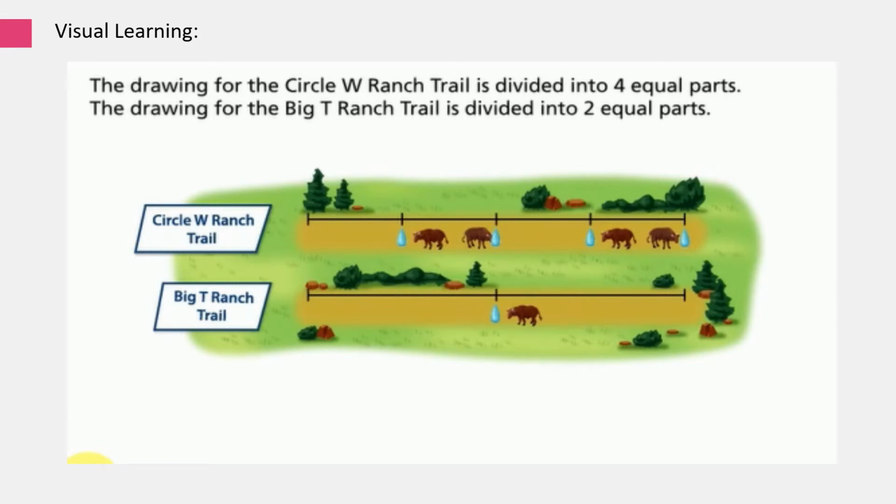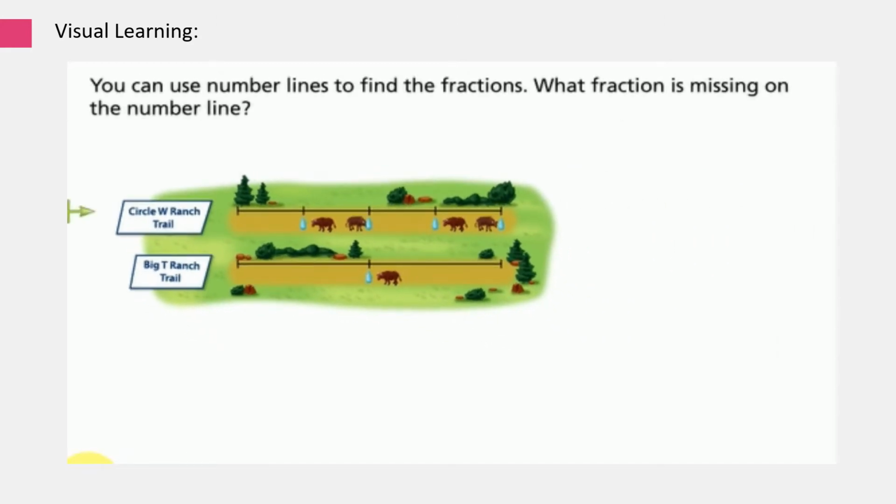The drawing for the Circle W Ranch Trail is divided into 4 equal parts. The drawing for the Big T Ranch Trail is divided into 2 equal parts. You can use number lines to find the fractions.